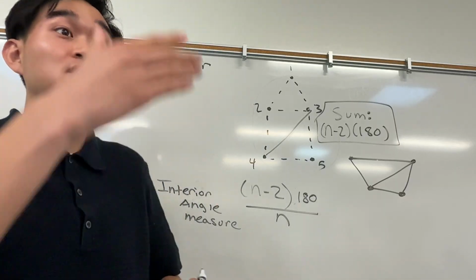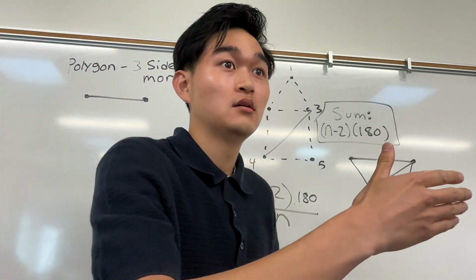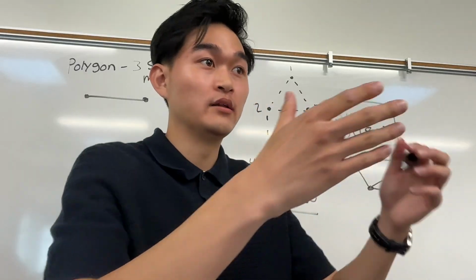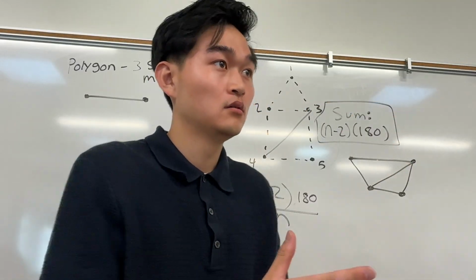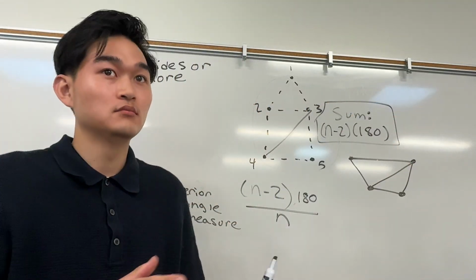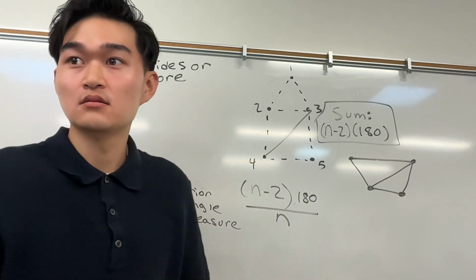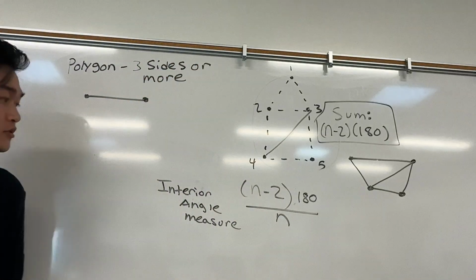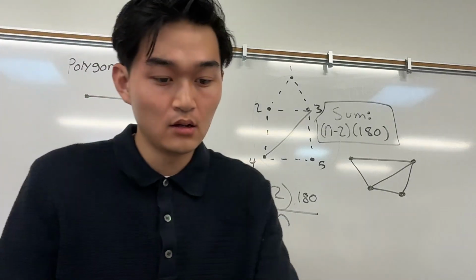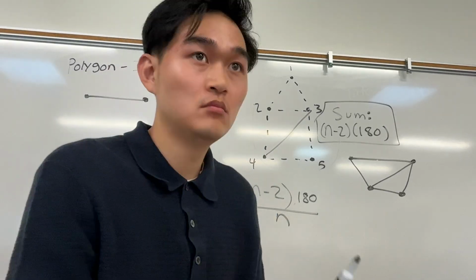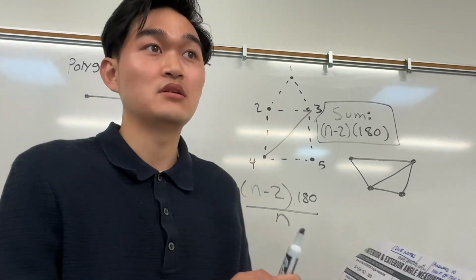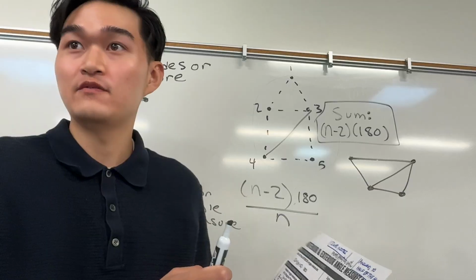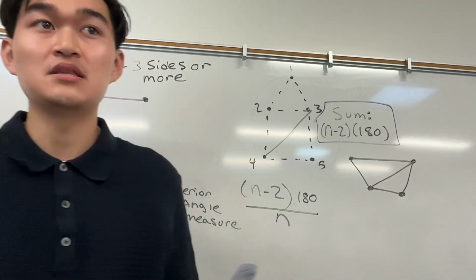If you're asked for the number of sides, you should already have the total sum. So for number 1, I'm looking for the sum. The sides are already given, because a pentagon has 5 sides.